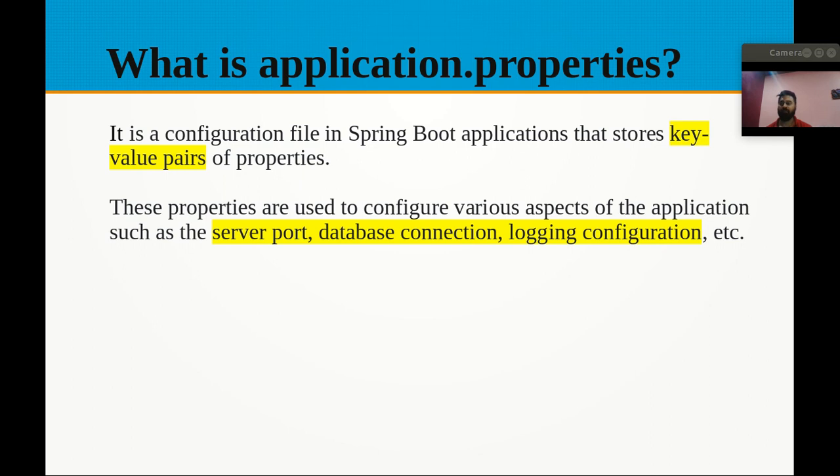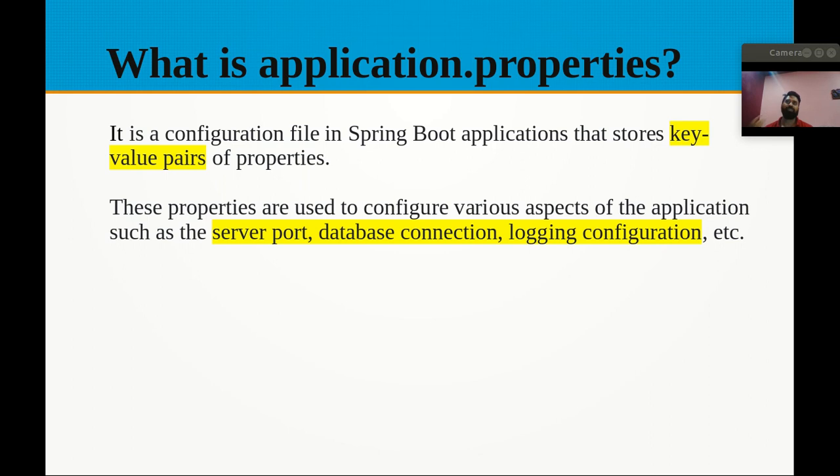Let's say you want to connect with a database like MySQL or PostgreSQL or any database, then the configuration of the database can be stored in this application.properties file. Also, if you want to activate the logging properties, then all those logging configurations you have to define in this property file.